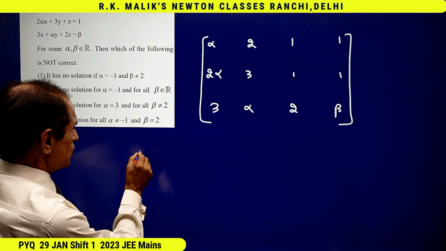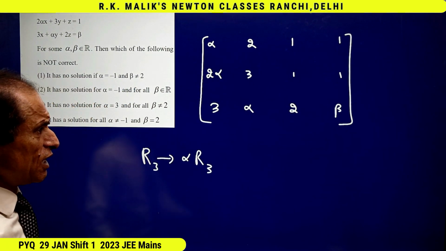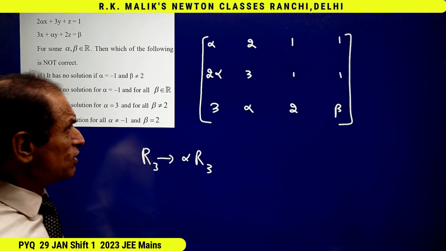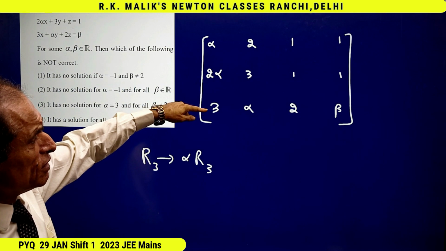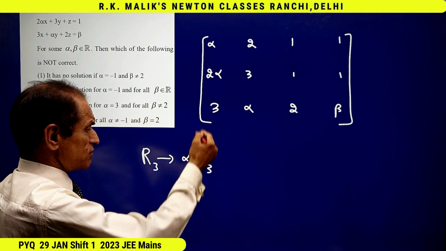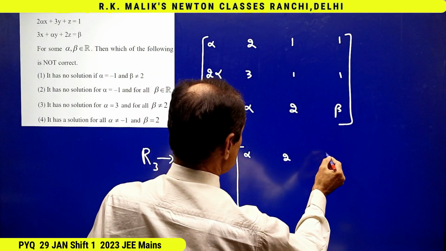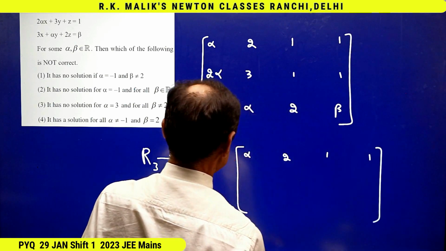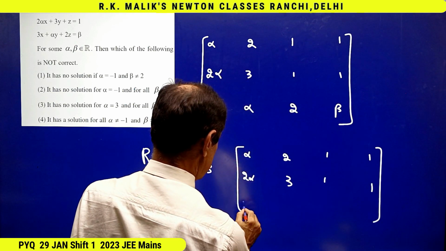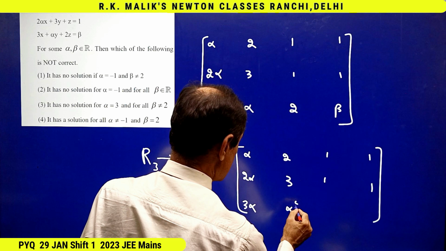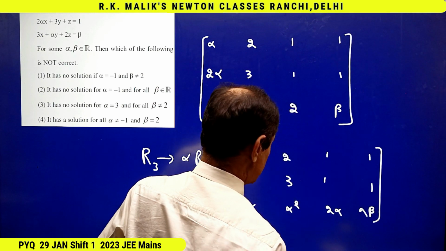First of all, I use the operation R3 changes to alpha R3. That is, I am multiplying this row by alpha, so that when alpha, 2 alpha and 3 alpha are there, it will become easier for me to make it 0. Hence I get [alpha, 2, 1, 1], [2 alpha, 3, 1, 1], [3 alpha, alpha square, 2 alpha, alpha beta].